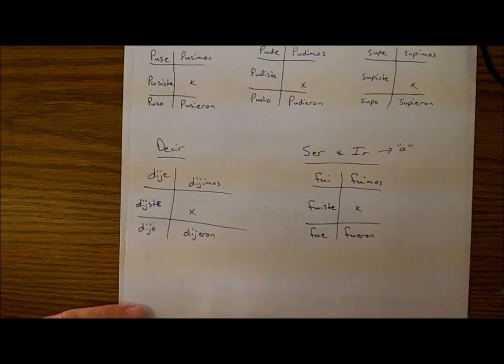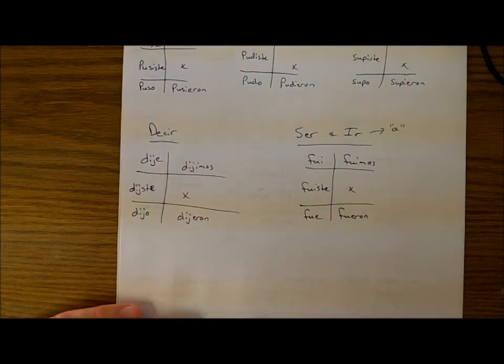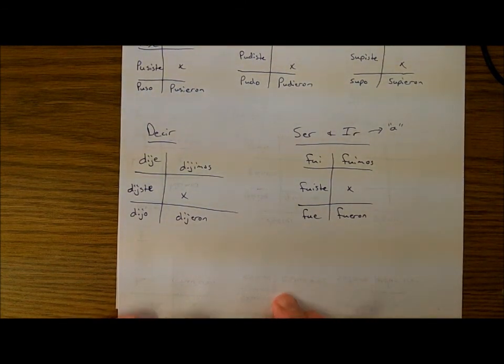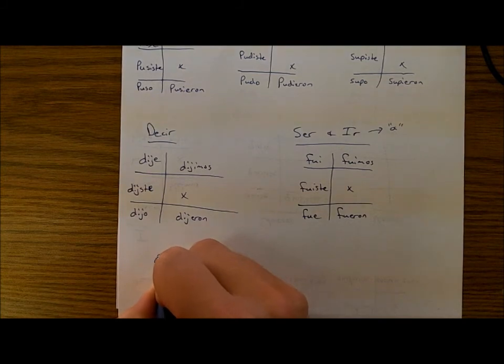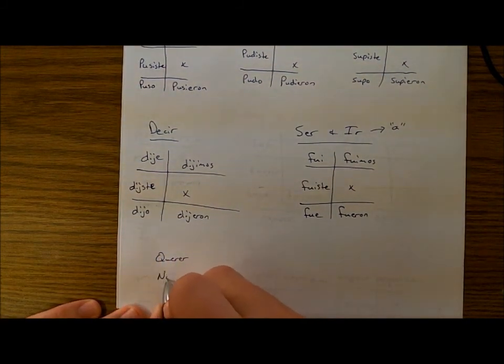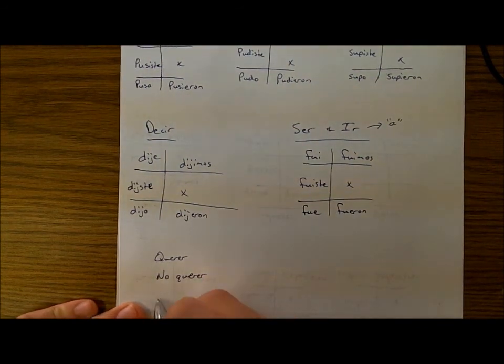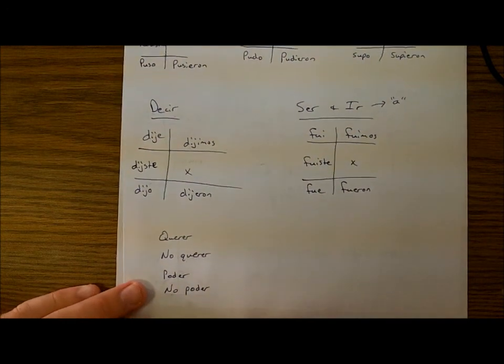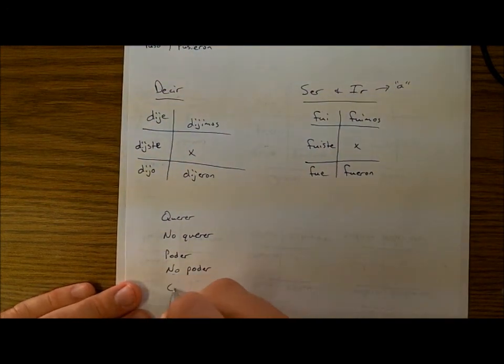Now, with these irregulars, in order to confuse our lives more, some of them change meanings in the preterite. So, these verbs are querer, no querer, poder, no poder, conocer, and saber.